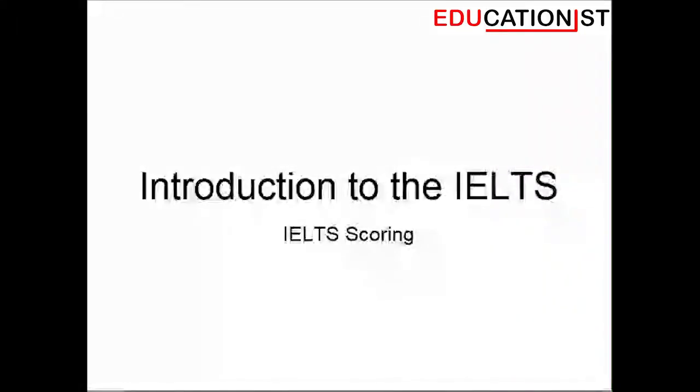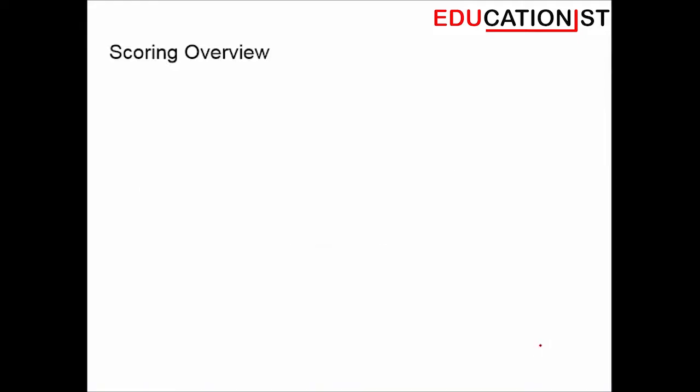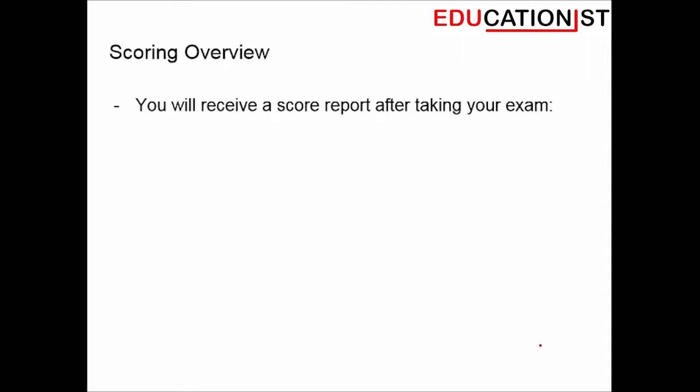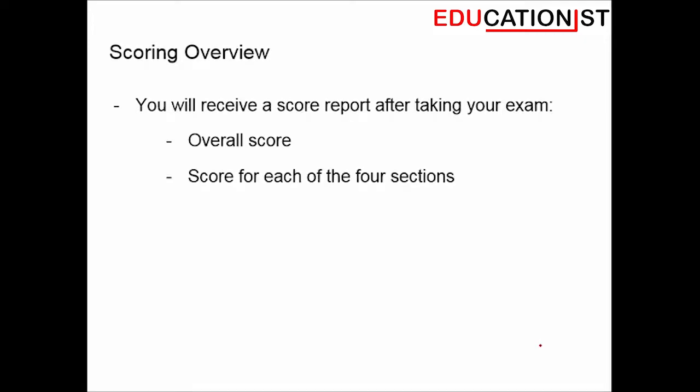In this lesson, we will focus on scoring and what you need to know about how the IELTS is scored. So let's start with just an overview. After you take the exam, you will receive a score report. And on that report, you will have an overall score and a score for each of the 4 sections of the exam.